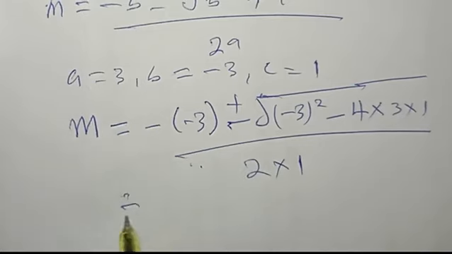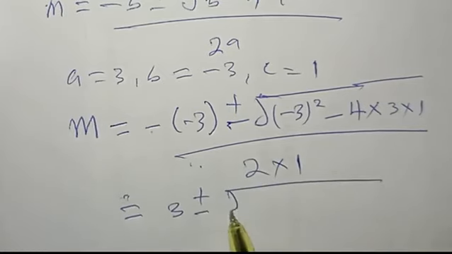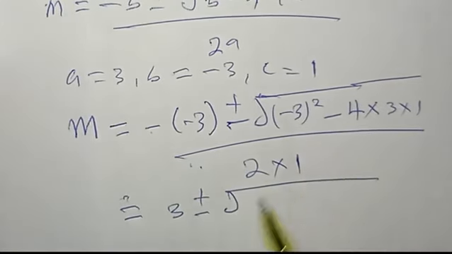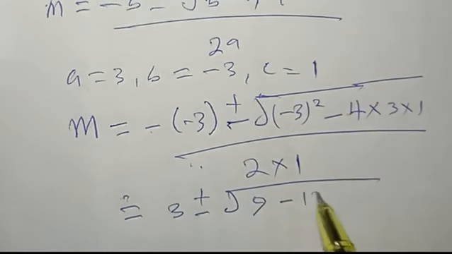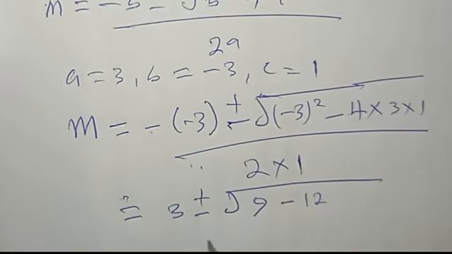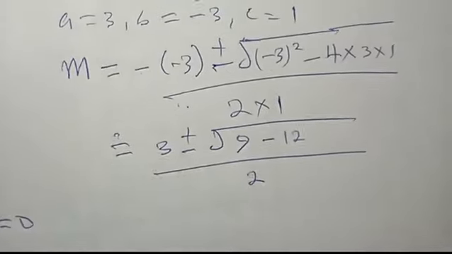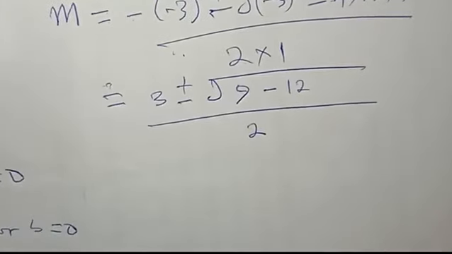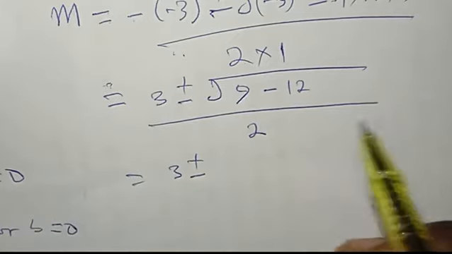And so simplifying, I'm going to have 3, and then plus or minus the square root of minus 3 squared is 9, and then minus 4 times 3 is 12, times 1 is also 12. It's all divided by 2, which is 2 times 1. Okay, so moving on, what I have here is a 3 plus or minus.